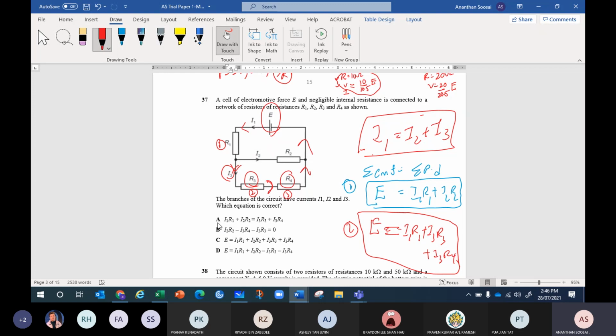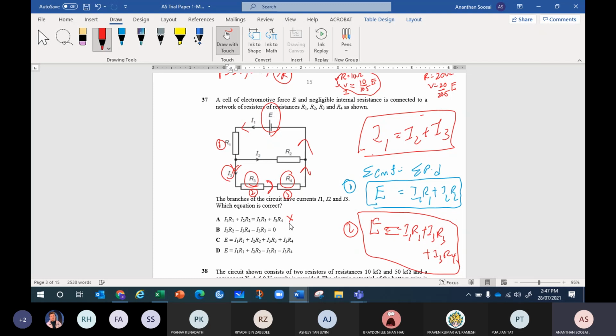Okay, now we check. Is A correct? I1 R1 plus I2 R2 equals E. But E equals I1 R1 plus I3 R3 plus I3 R4. So it's wrong, right?